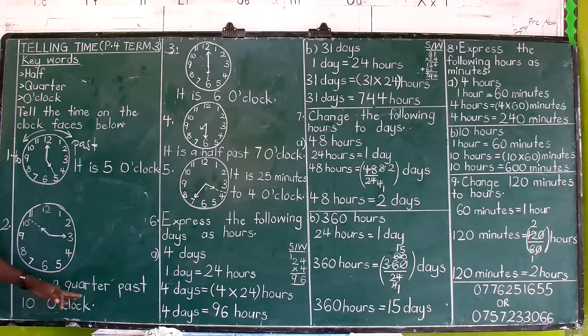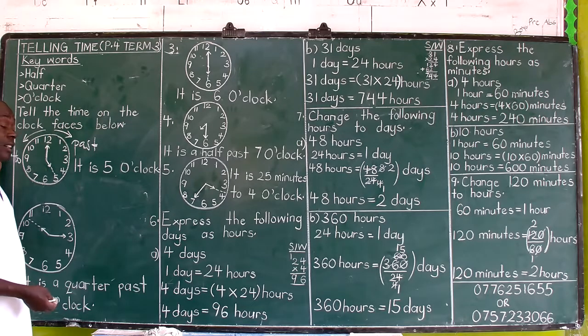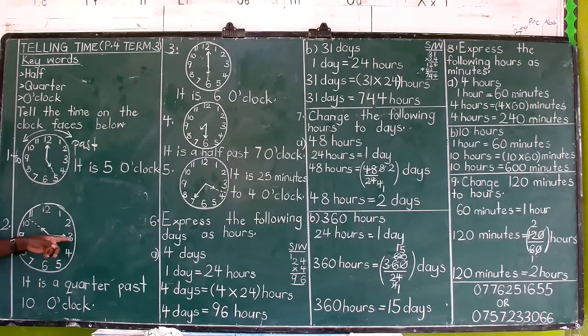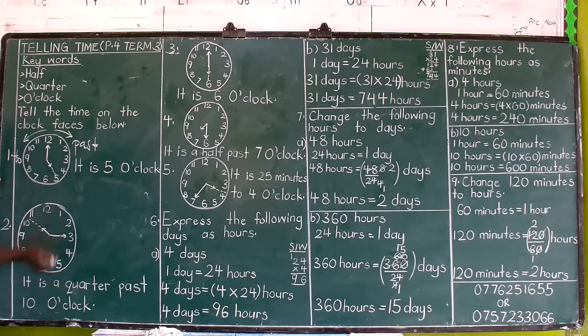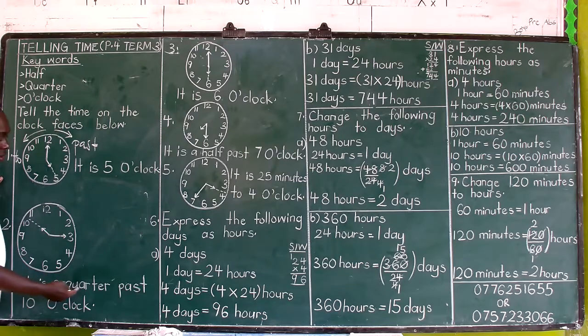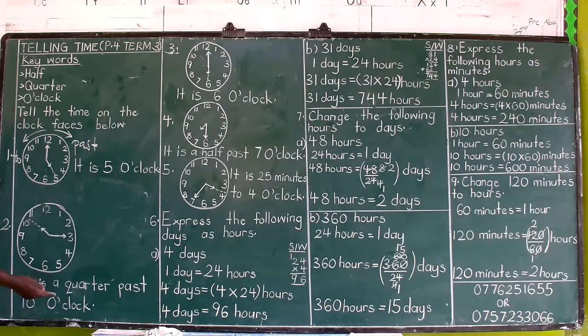You know a quarter of an hour is 15 minutes, a half of an hour is 30 minutes. So when the longer hand points at 3, you count in 5s from here: 5, then 10, 15. So 15 minutes past the hour of 10. So it is a quarter past 10 o'clock, or you say it is 15 minutes past 10 o'clock.